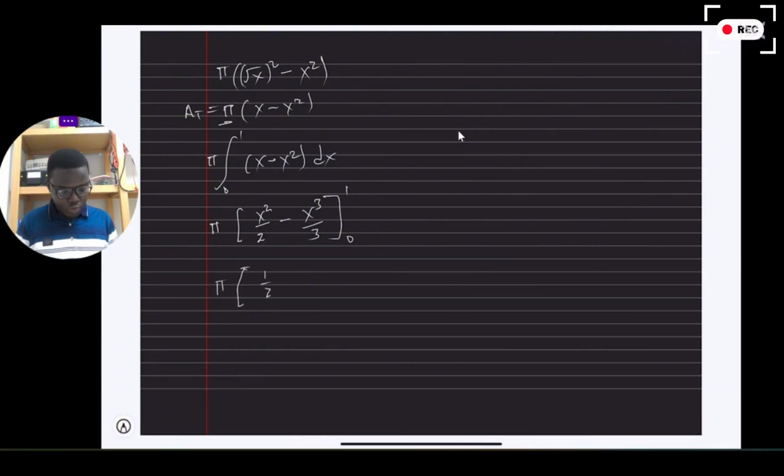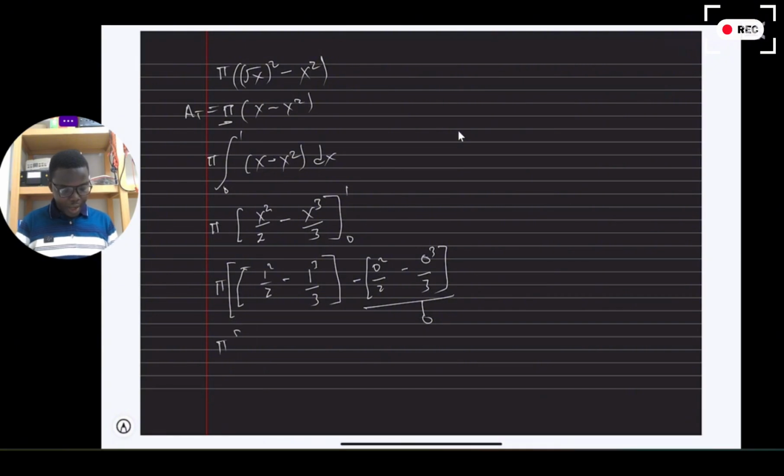I'll have 1 squared over 2 minus 1 to the power 3 over 3, or minus 0 squared over 2 minus 0 to the power 3 over 3, of which we all know is going to give us 0 for the 0 part. So all this side goes to 0, and we only have to work with this part.